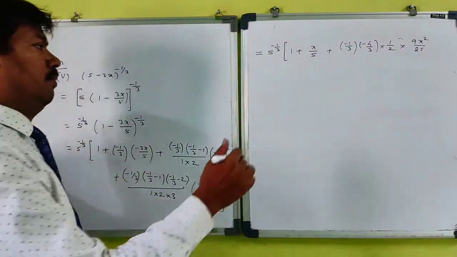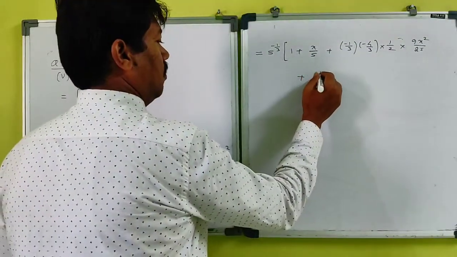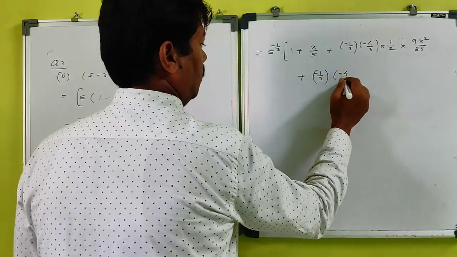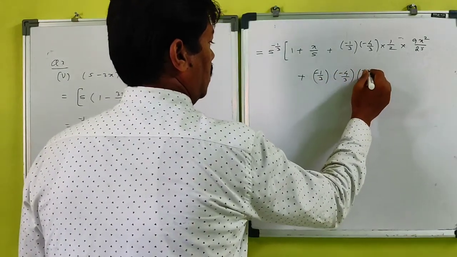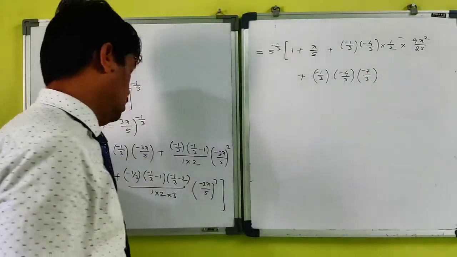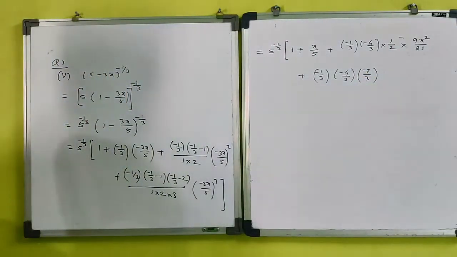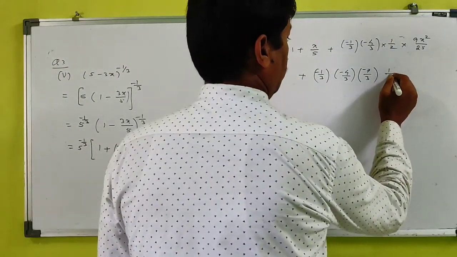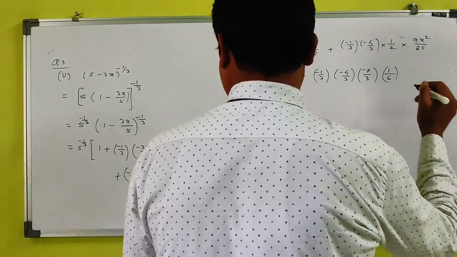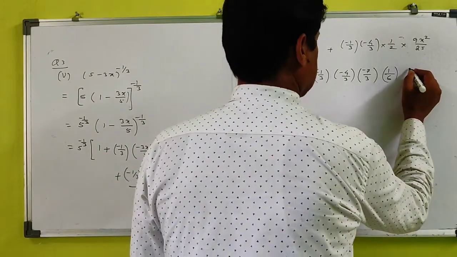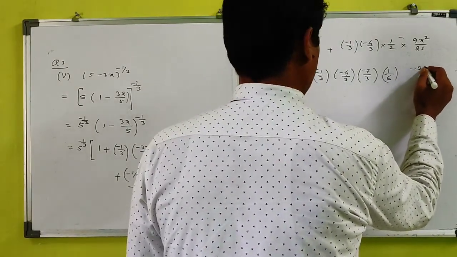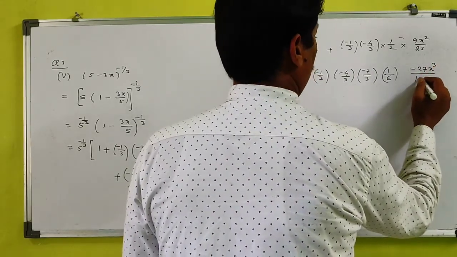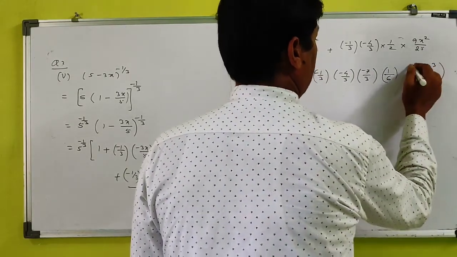Similarly here, minus 1 upon 3, minus 4 upon 3, minus 7 upon 3, 3 cube is 27, and there is 1 upon 6, but it's a minus here, 27x cube upon 125.